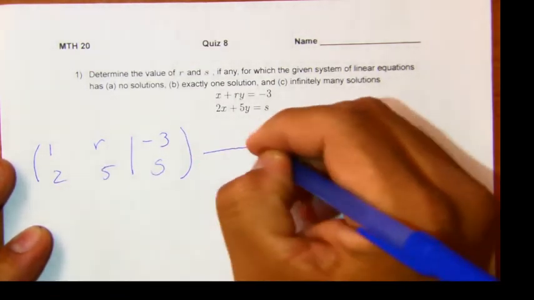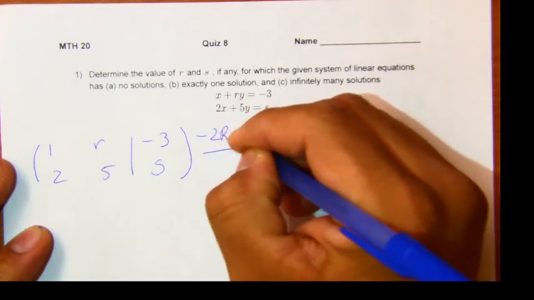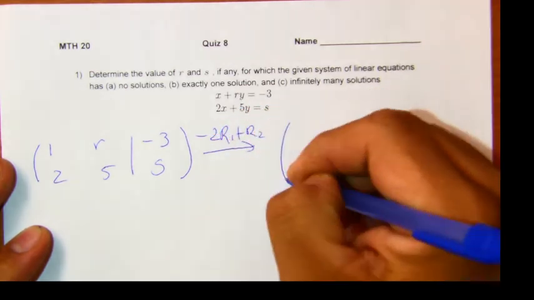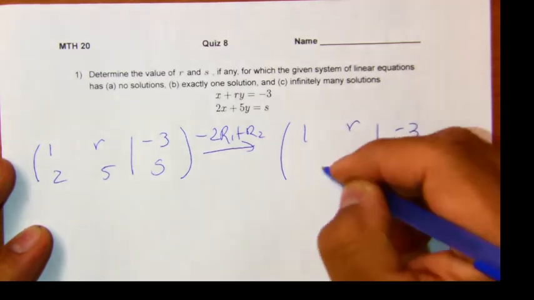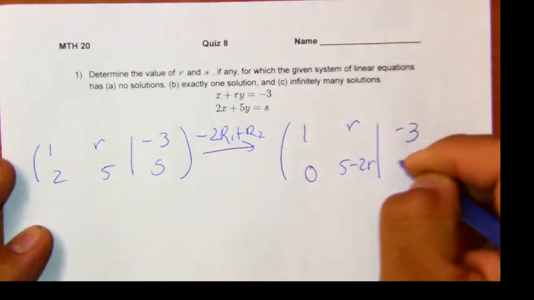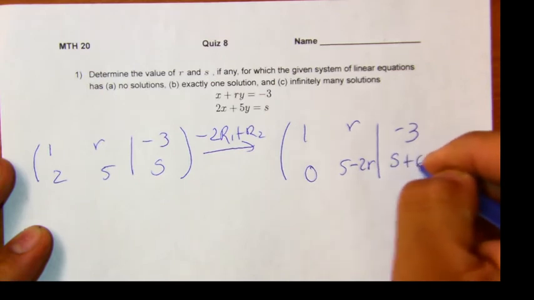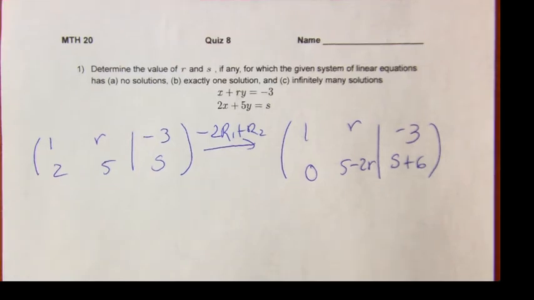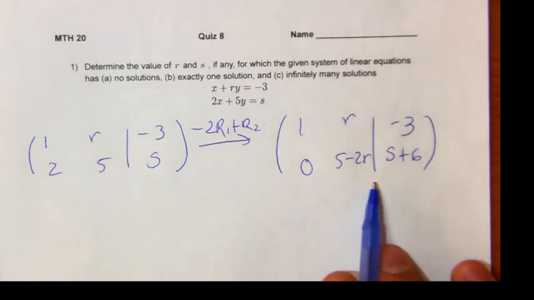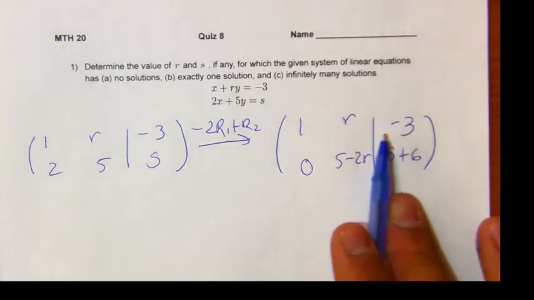If you do twice row 1 added to row 2, you'll get something like this. Now we're in row echelon form, so we have 0 here, and I'm left with these parameters here.